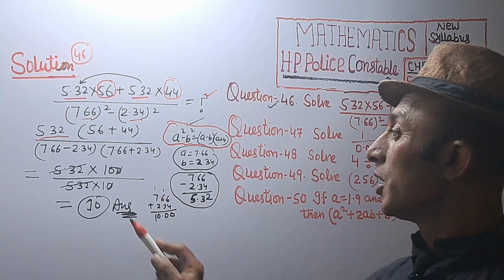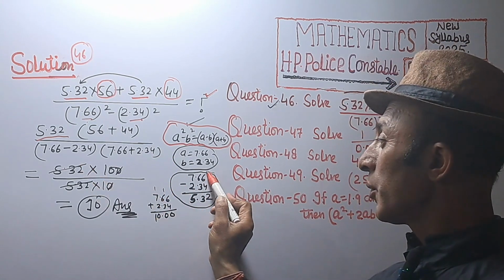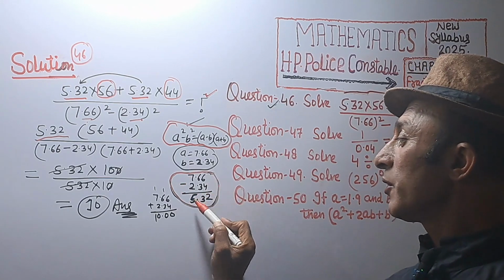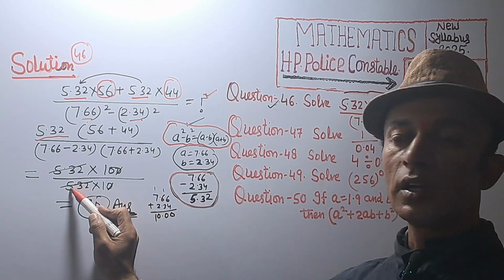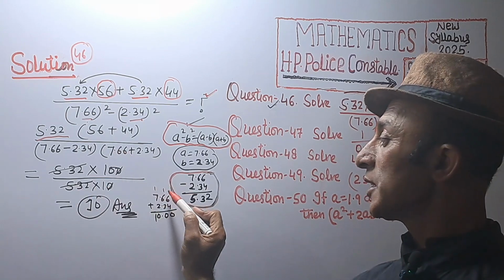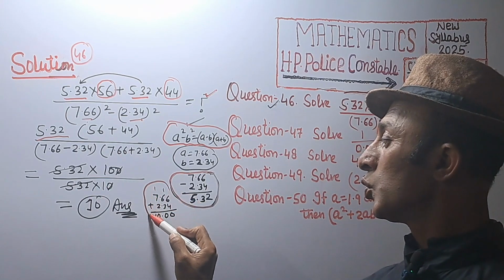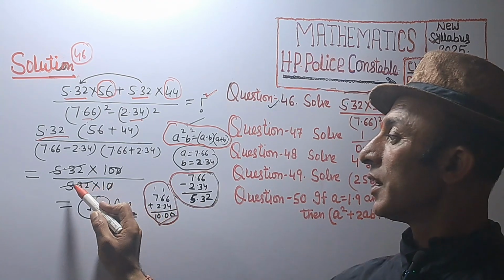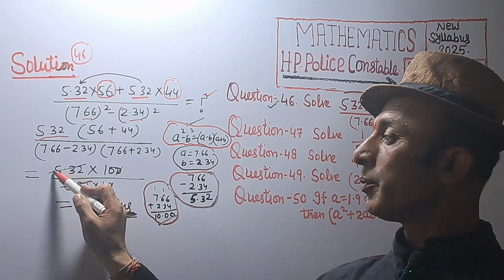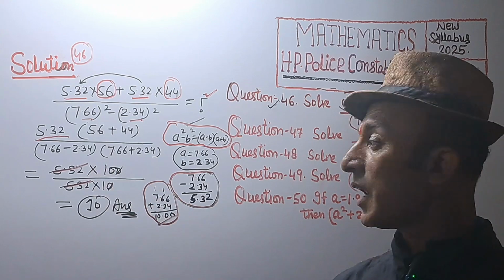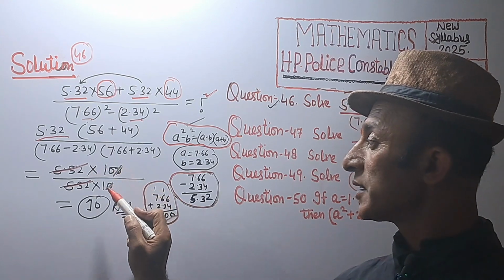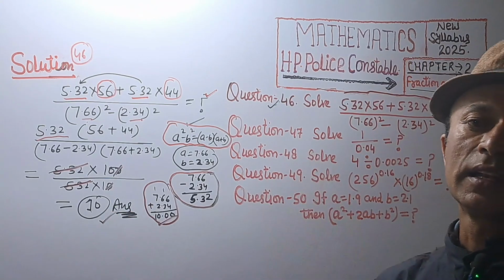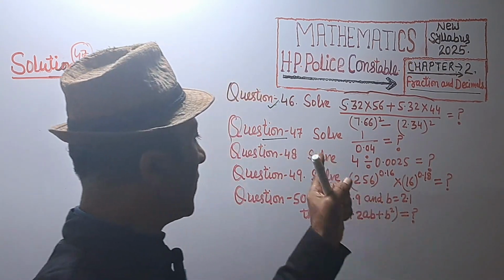When we subtract 2.34 from 7.66, we get 5.32, and 7.66 plus 2.34, that is 10. 5.32 and 5.32 are cancelled, and we get 10. So answer is 10. Next question 47.